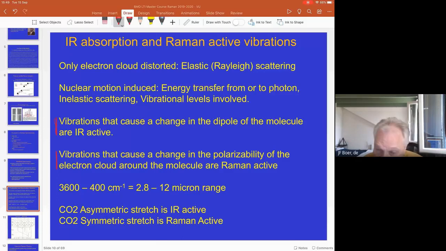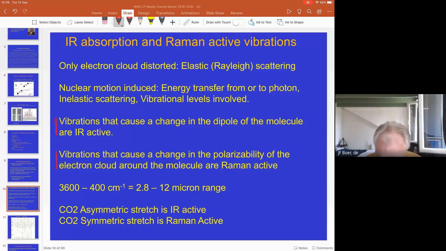So a molecule can have a dipole moment if the charge is not equally distributed in the molecule. So it could mean that one side of the molecule is slightly positively charged and the other side of the molecule is slightly negatively charged. And that means there's an electric field across that molecule, or in other words, a dipole moment.